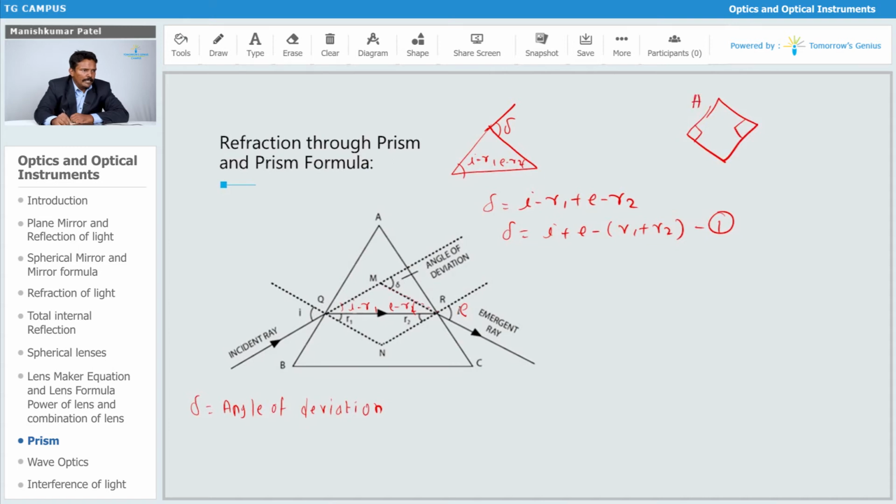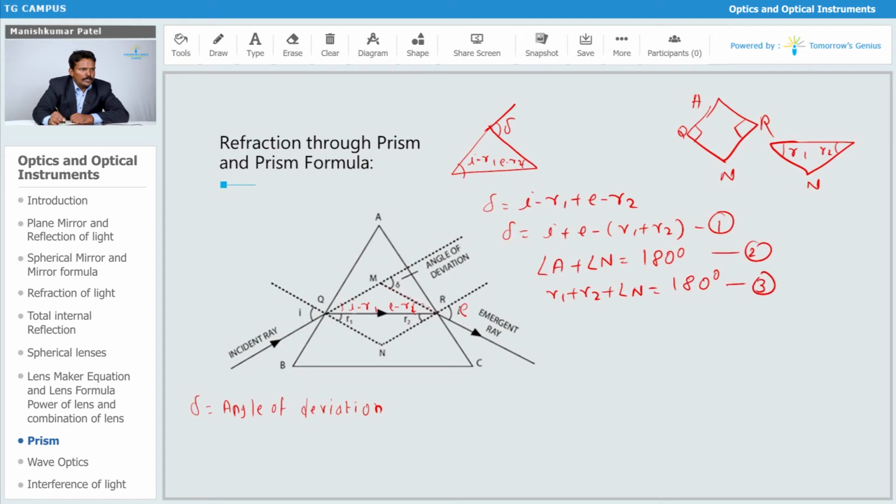This is angle A and this is angle N. Angle A plus angle N has to be 180 degrees, because these two, Q and R, are 90 degrees. Then in the triangle below, this is R1, this is R2, and this is N. So R1 plus R2 plus N is equal to 180 degrees. This is the second equation, and this is the third equation.